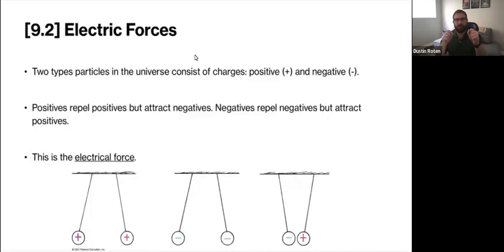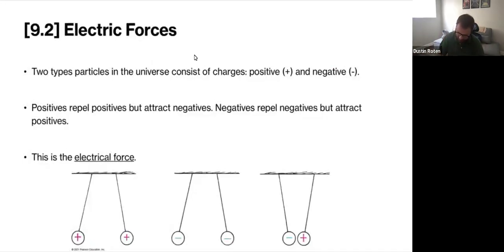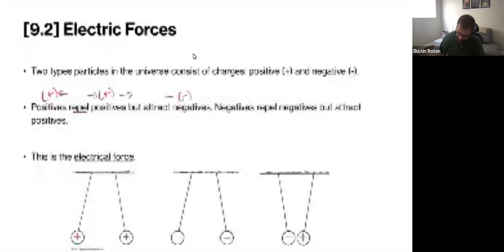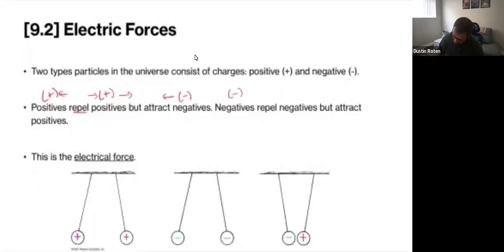Positive charges repel positive charges. So having two positives together, they repel each other. But positives will attract negatives. So these two want to repel, but if they are opposite, they will attract. Same thing, negatives repel negatives. These two want to move away from each other, but a negative will attract a positive. Okay.